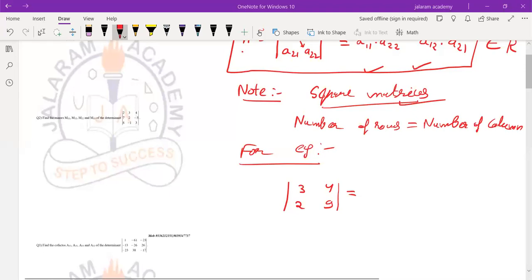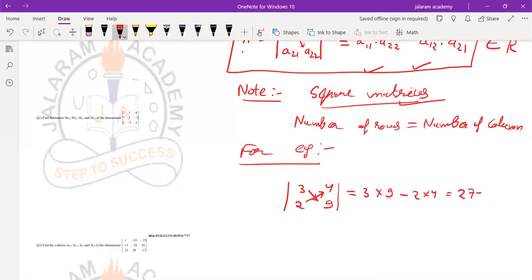First we multiply A11 with A22, that is 3 nines are 27, minus A21 with A12, 4 into 2. So it is 27 minus 8 equals 19. So it is very easy to find the value of a determinant of order 2 cross 2.